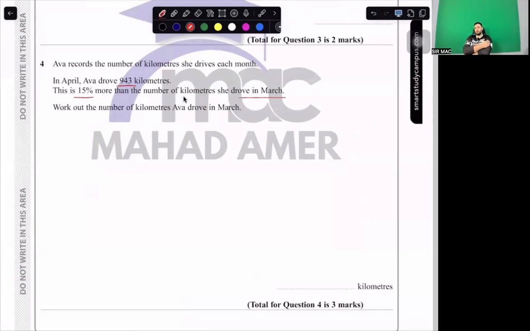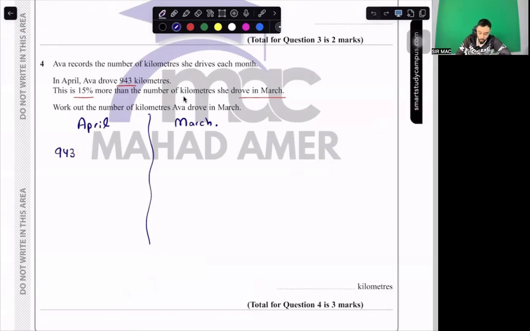What I personally like to do is use the unitary method for this. So in April, let's say April, and let's say March. In April, Ava drove 943 kilometers, and this is 15% more.